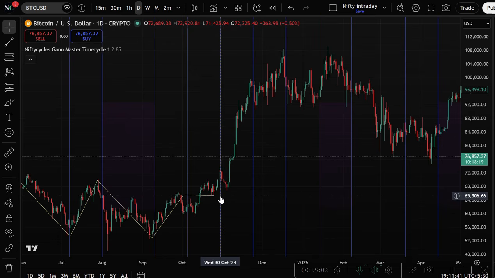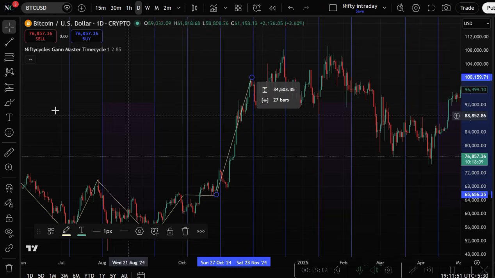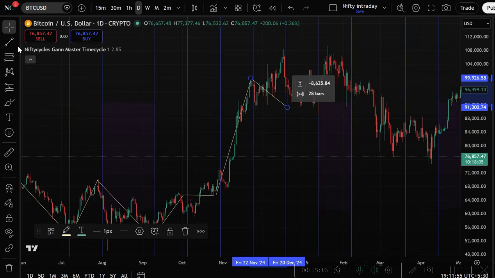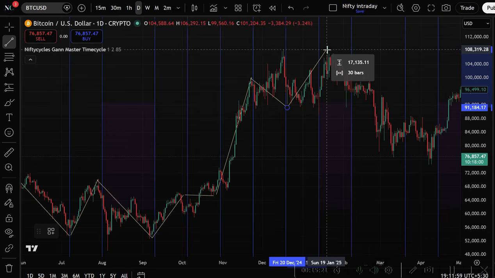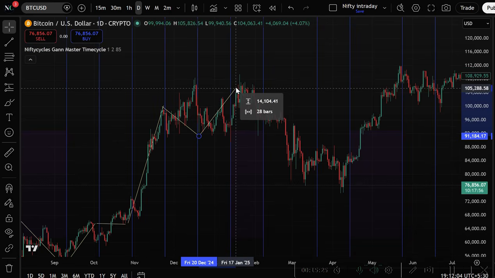we were supposed to get the low on 30th of October and we got it on 26th. That's okay. Now it's good so far, right? See, it missed by a few days maybe.